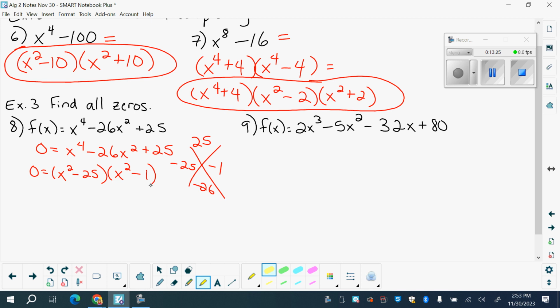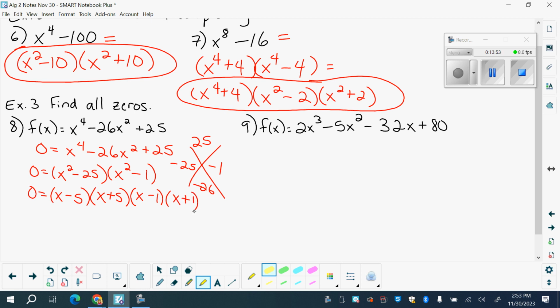Will either one of those factor again? Yes, we can take the square root of both the 25 and the 1, and they're both a minus. They have to be a minus. So x minus 5, x plus 5, and x minus 1, x plus 1.